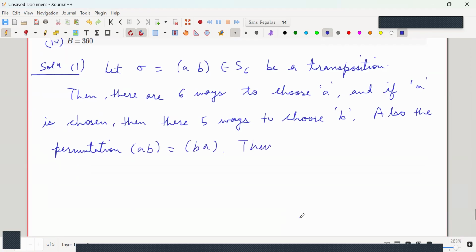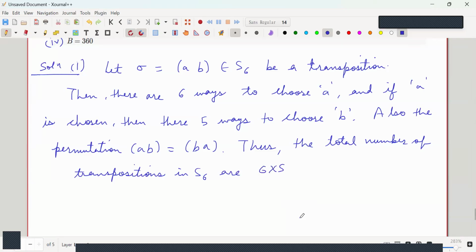Thus, the total number of transpositions in S6 is 6 into 5 by 2, that means 15. Good.